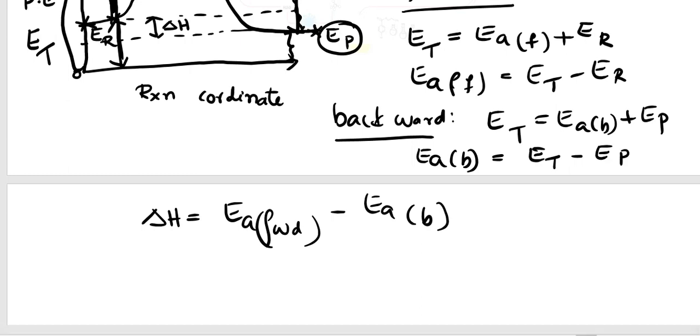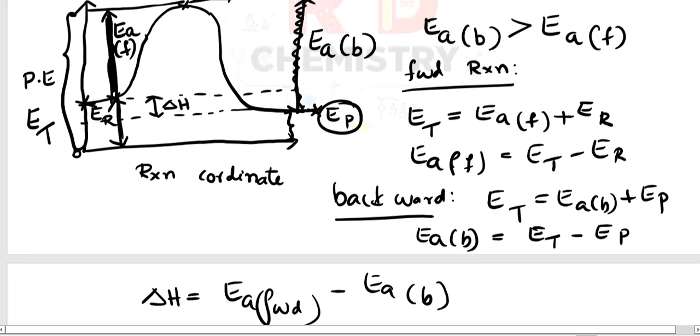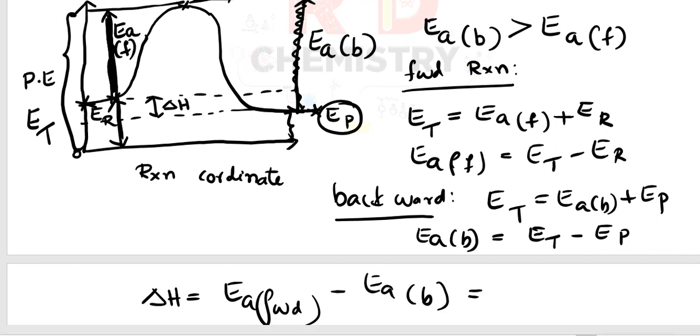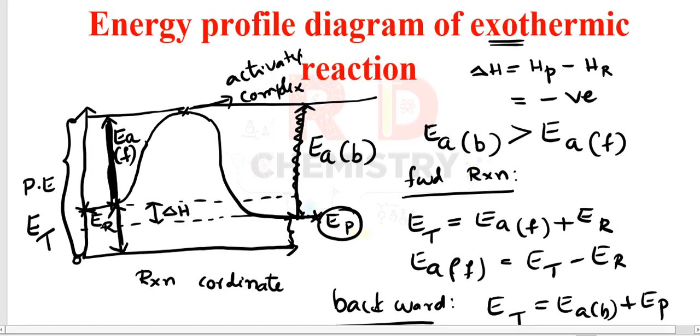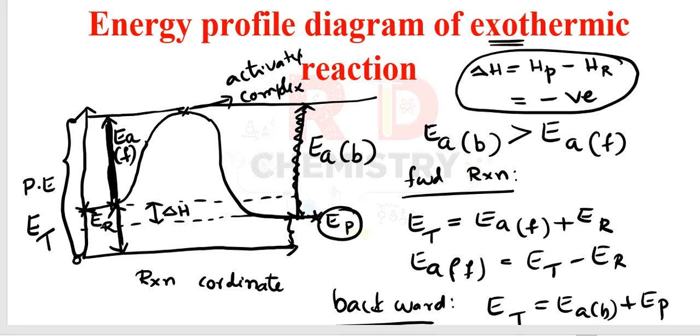Now if you see carefully here, the lengths of the activation energies of the forward and backward reaction. The backward reaction energy is more, the length is more, correct? So I'll get a negative quantity. Remember, for an exothermic reaction, delta H is negative. Also you can see here in terms of enthalpy of the product and enthalpy of the reactant, this is also negative, right?